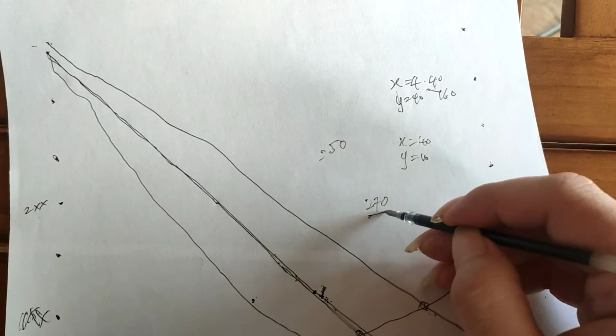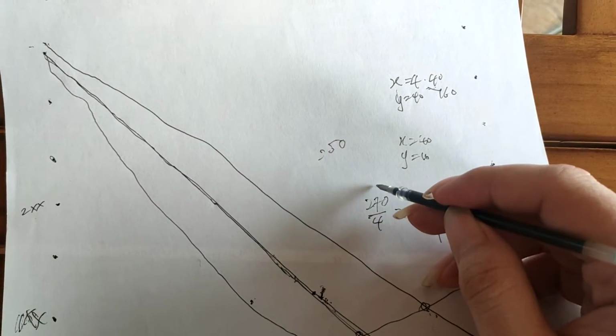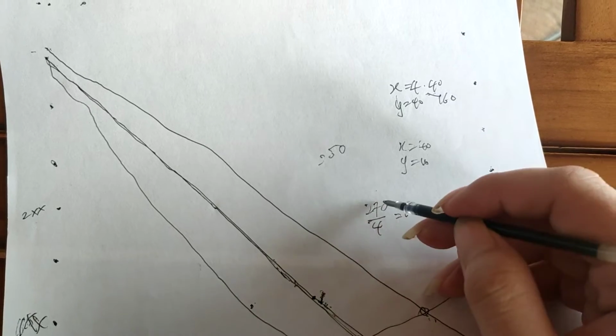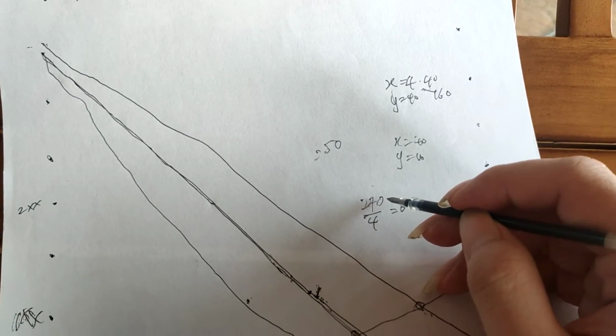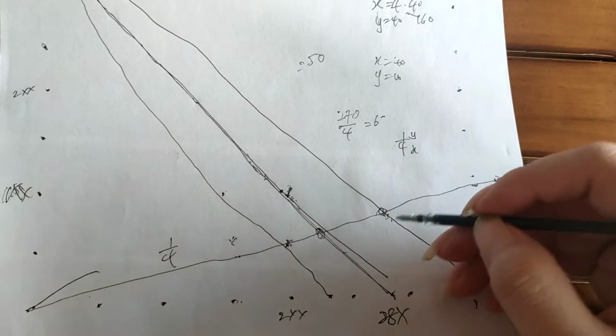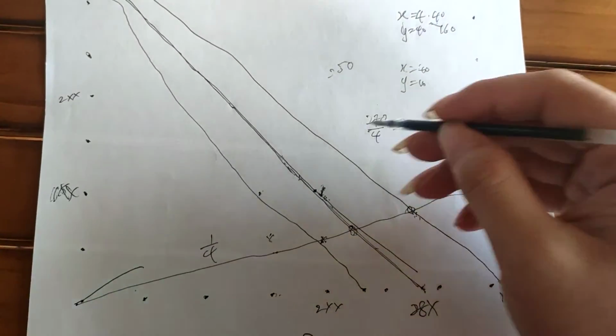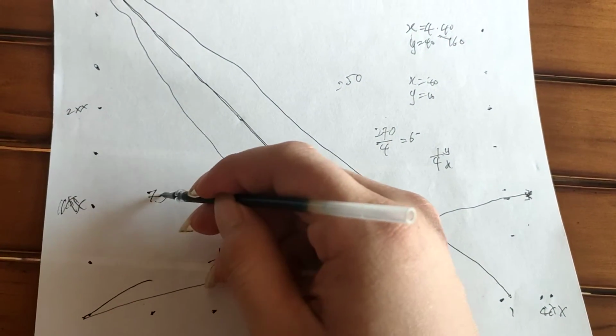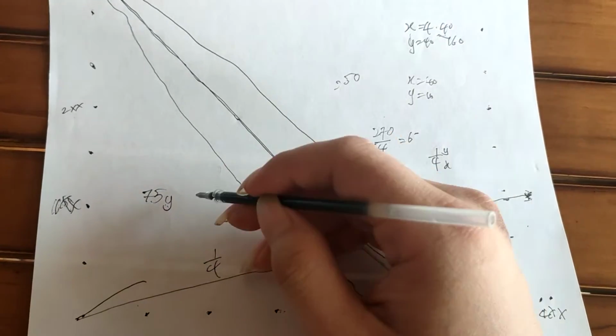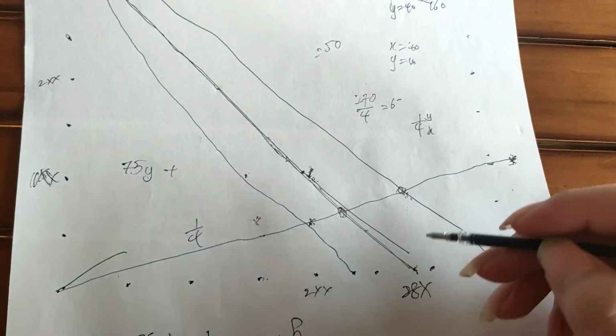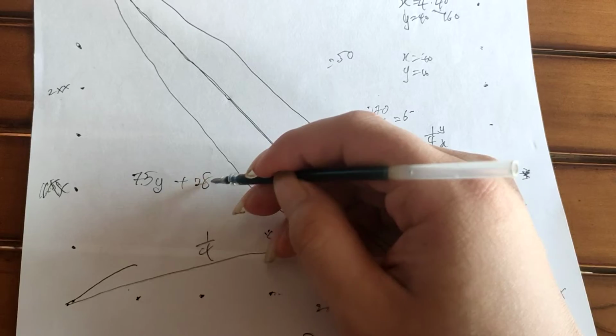270 divided by 4 is 624. So I will assume the 75 for here, 75y, and for the x is 285x.